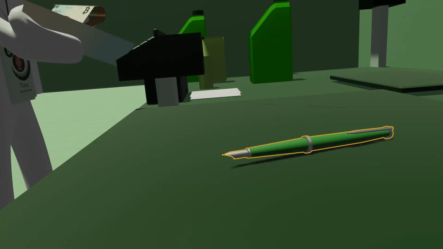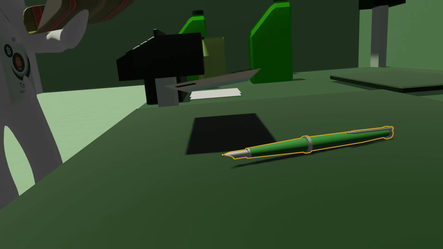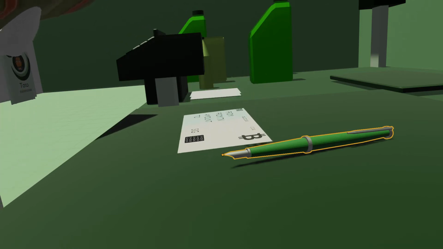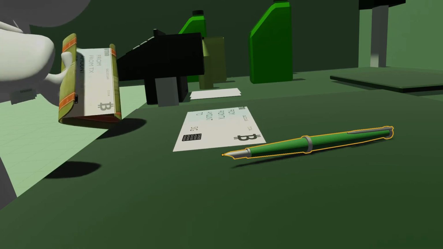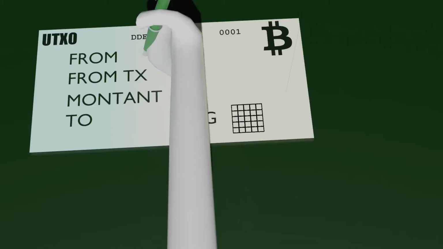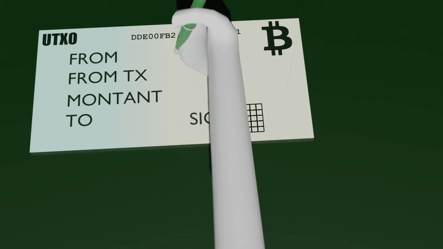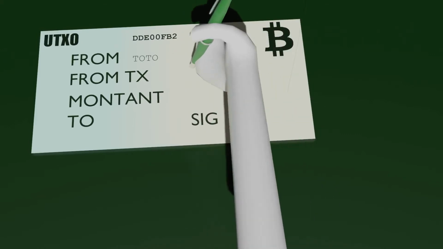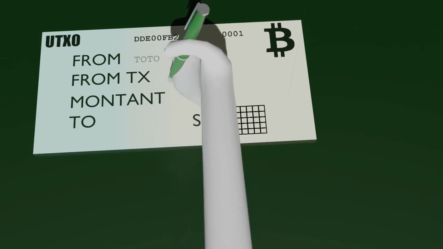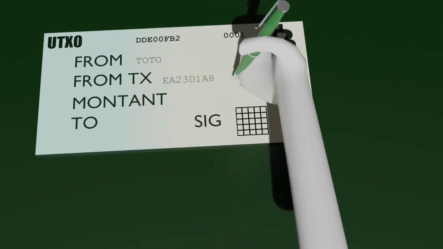Once Toto has selected a UTXO from his wallet, he is ready to write a new check to Tata. When writing a new check or UTXO, Toto will first write in his public key.